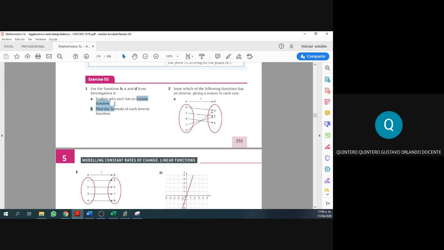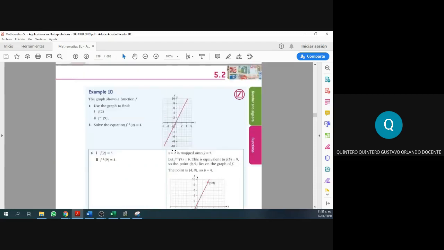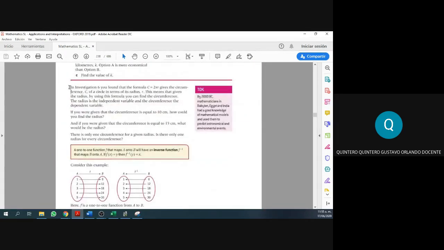Let's first explain what an inverse function is. Right here is a good explanation. Let's say we have this equation, C equals 2 pi r. No, you know what? Let me use my board. I feel like it's a lot easier with my board.